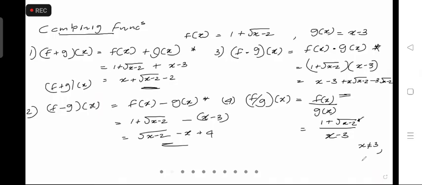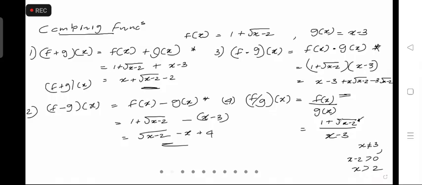Always x minus 2 must be greater than or equal to 0, then x is greater than or equal to 2.